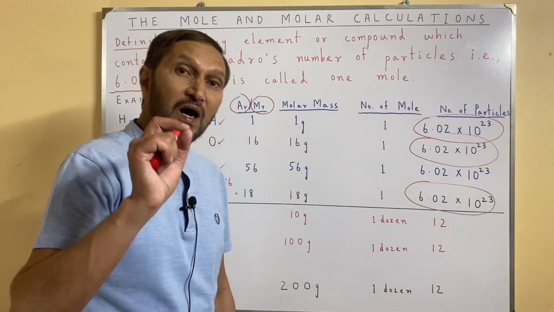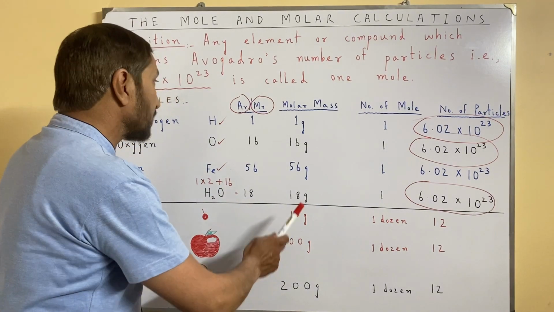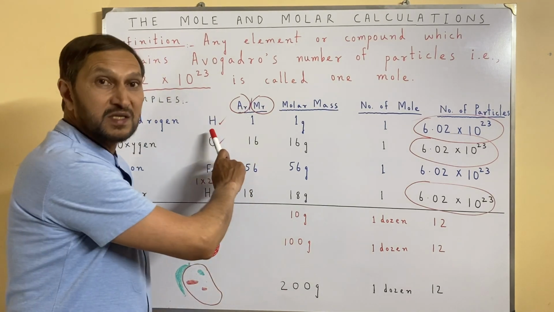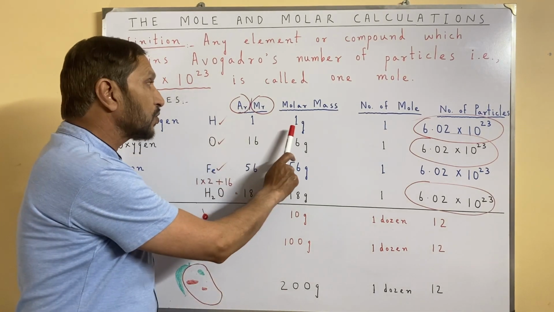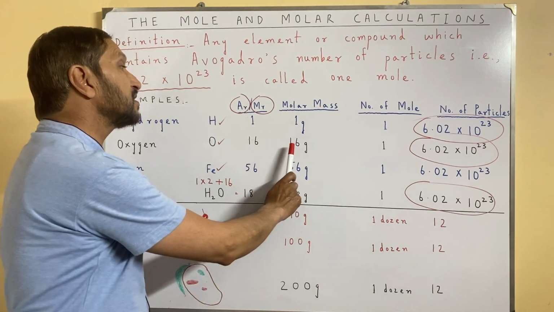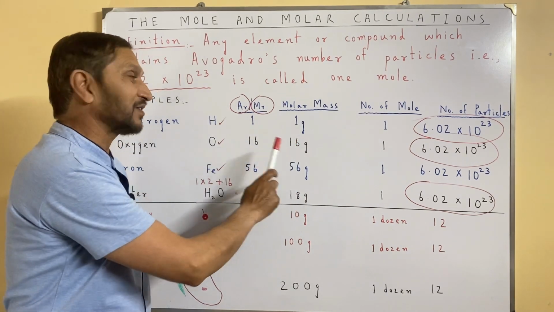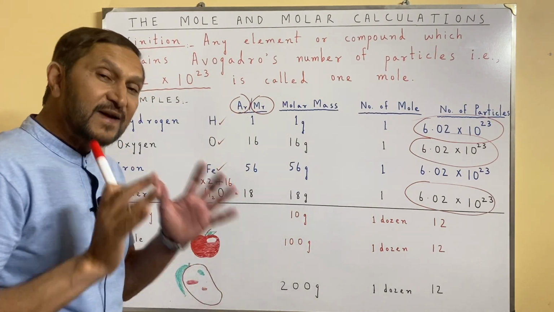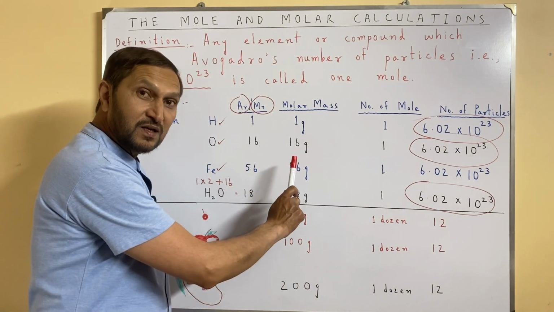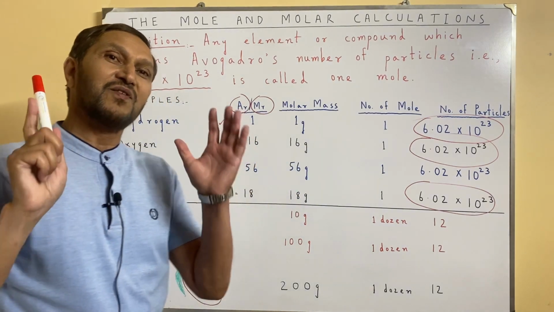The logic behind this is that hydrogen is the simplest and smallest atom. Oxygen, on the other hand, is 16 times heavier than hydrogen. So its mass will be larger, but the number of atoms will be the same.